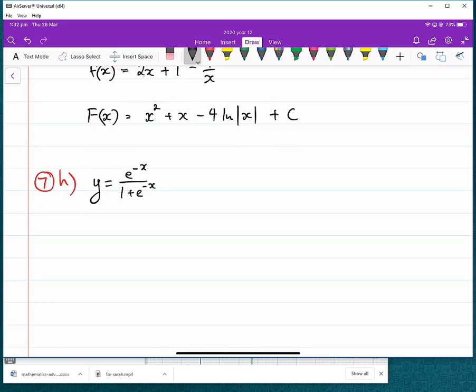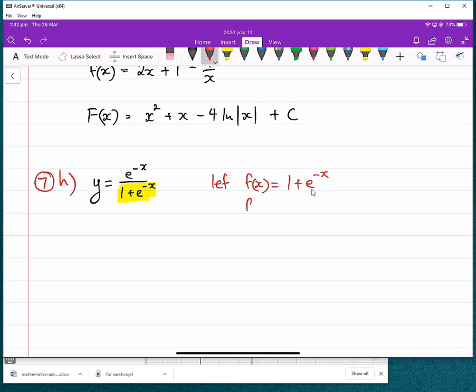Okay, so for this part here, we look at that and we want to check, if this is the f of x, okay, so we're going to say let f of x equal to 1 plus e to the power of negative x. Okay, so that's f of x. And then we want to find what is the derivative of this term.